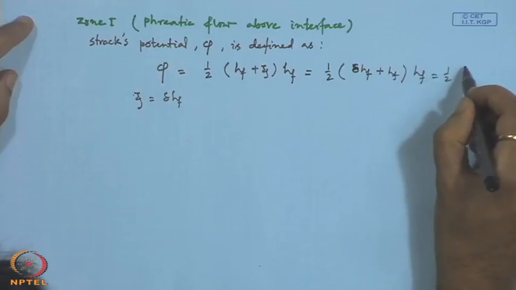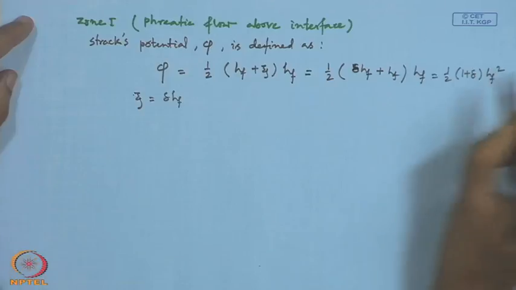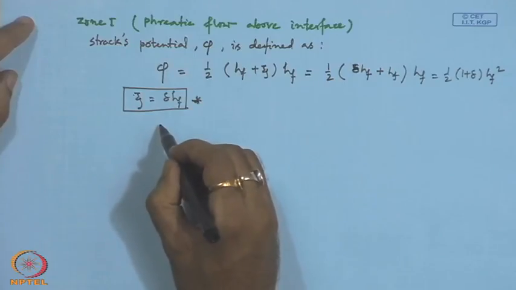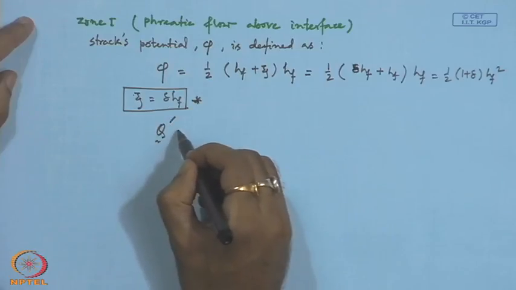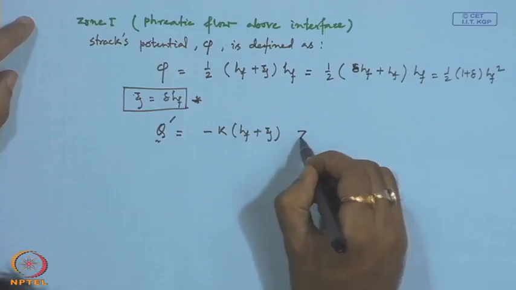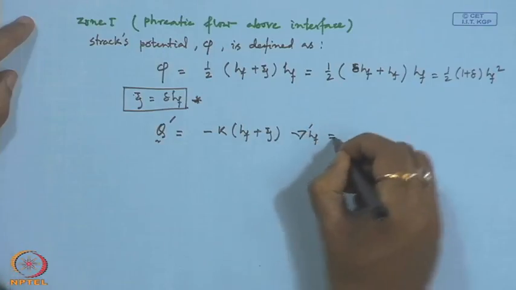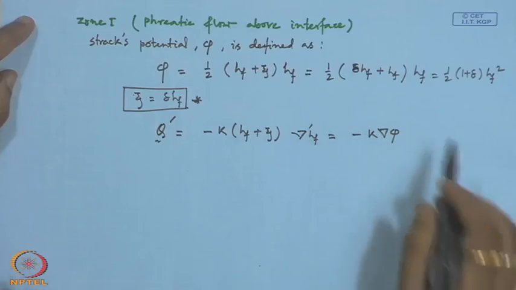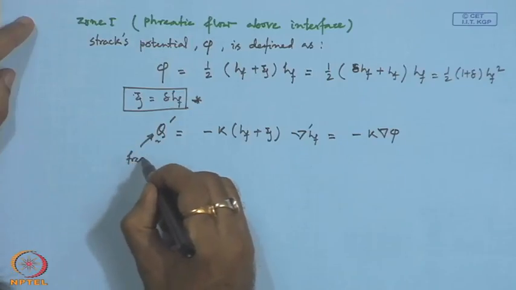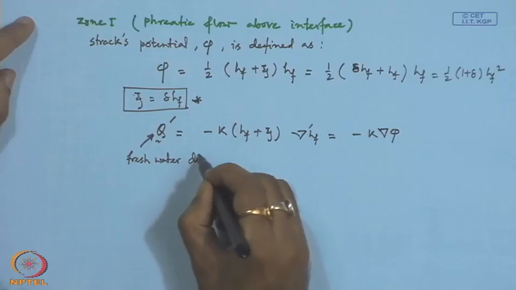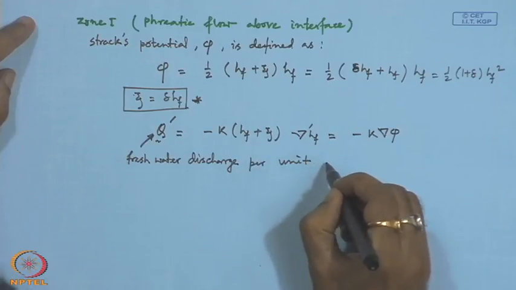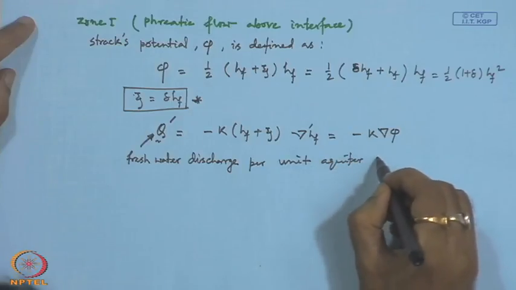So, we have half 1 plus delta HF square, and for flux continuity we have q prime, which in vector form is k HF plus xi, this is HF, and k del xi del phi, and this is basically freshwater discharge per unit aquifer width.